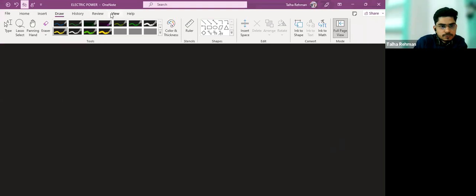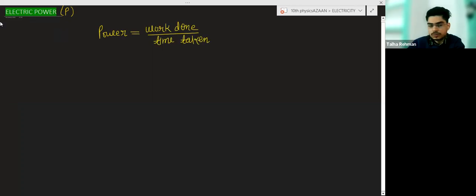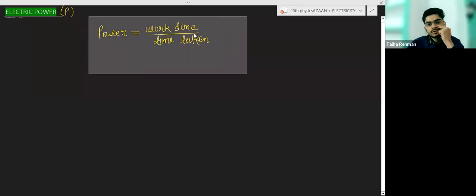So electric power we will represent with P. This is electric power, given by work done divided by time taken. So electric work done per unit time, you can write.